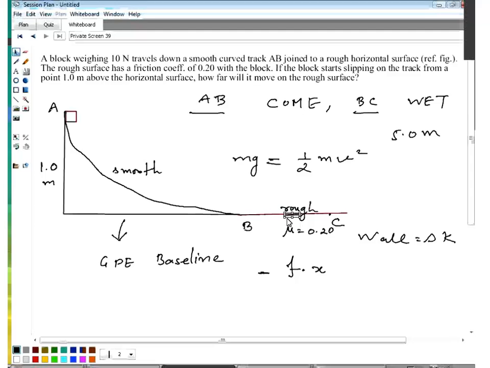Then final kinetic energy is 0. How far it will move. So it is stopping somewhere. Minus half mv square. That's why I was saying that you would not need to find V. In place of half mv square, you can put this mg into 1. So you would have Fx equal to mg into 1.